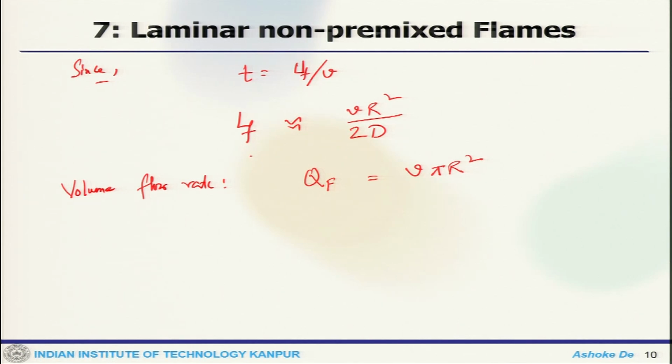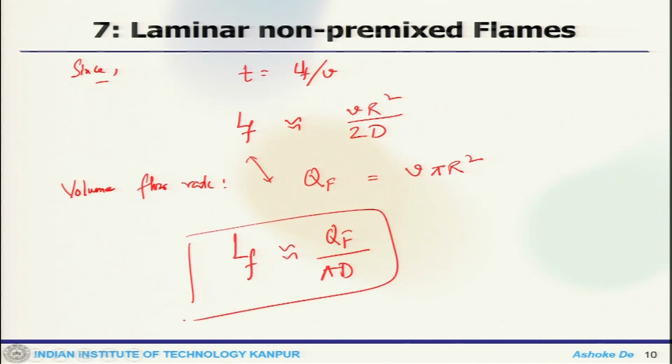Now, if you use these two, we can approximate the flame height as the volume flow rate divided by pi D. That means, if you know the volume flow rate and the radius of the tube, you can find out the flame height.